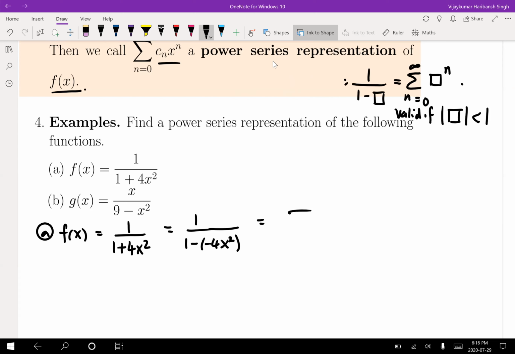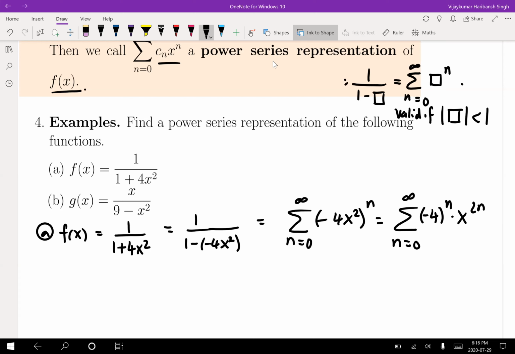So this is going to be summation n equals 0 to infinity of minus 4x squared to the power n, which can be written as summation n equals 0 to infinity of minus 4 to the power n x to the power 2n. Now it's a good idea to separate. So this can be written as summation n equals 0 to infinity of minus 1 to the power n, 4 to the power n, x to the power 2n.